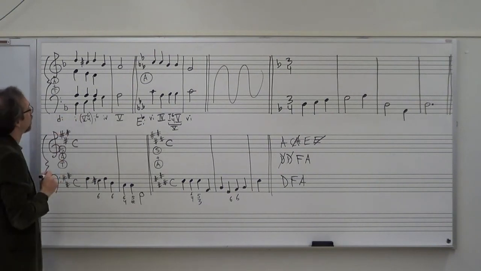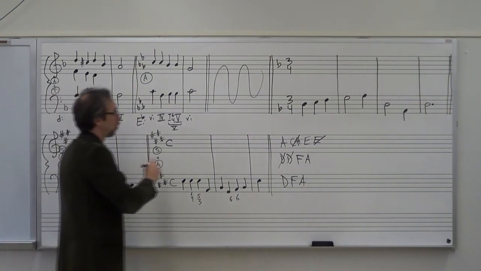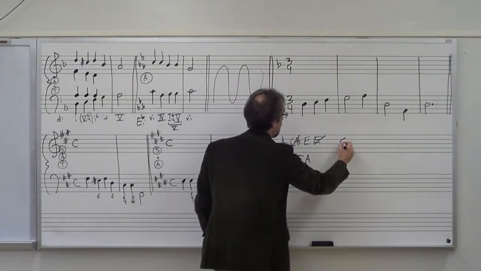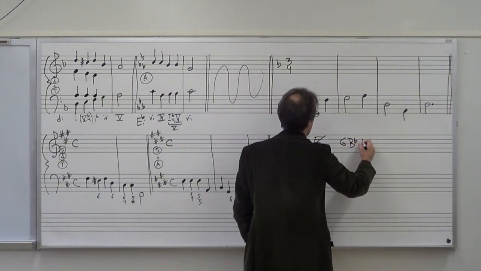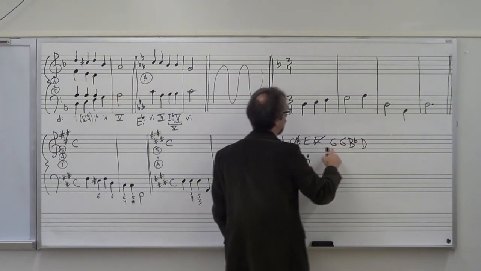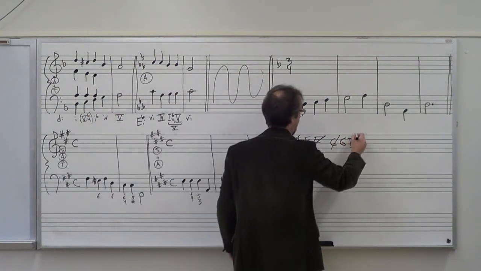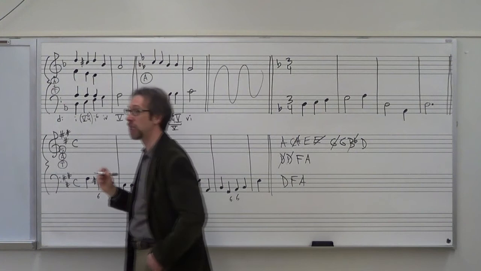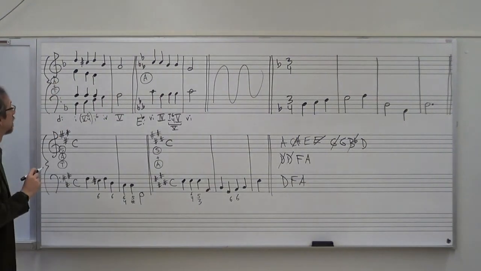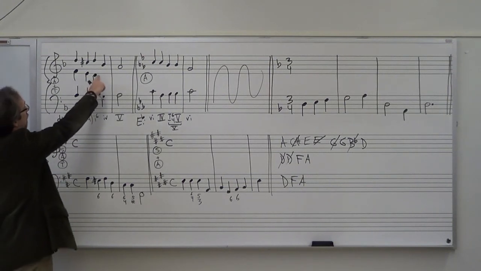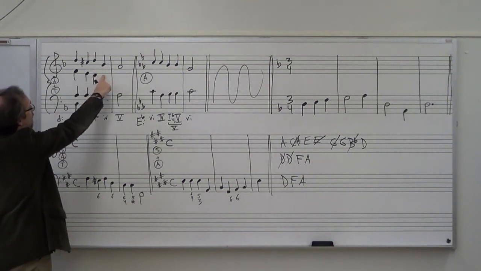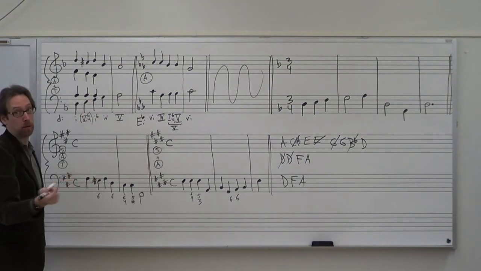I now get to move on to my IV chord, which is G, B flat, D. It's root position, so I double the G. Looking at my example, I have the G, I have a B flat, it means I need another G and a D. Another G and a D. Well, my option is to jump to a G or maintain it as a common tone.